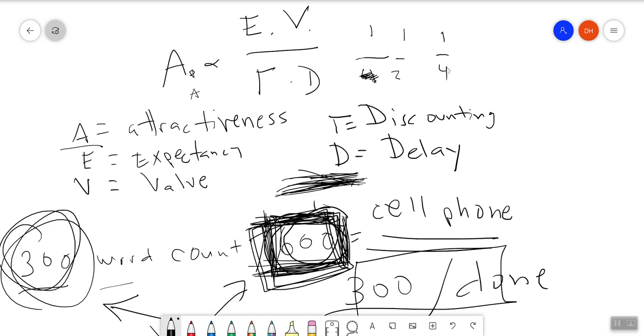Now, delay, that's simply about procrastination. If you constantly say, oh, I'm too busy, oh, I don't want to do it, oh, I'm going to delay this project, because I don't value it as much, or I don't have as high expectations of it, the delay function, once again, decreases the attractiveness of that project.